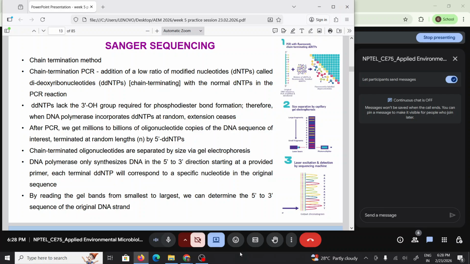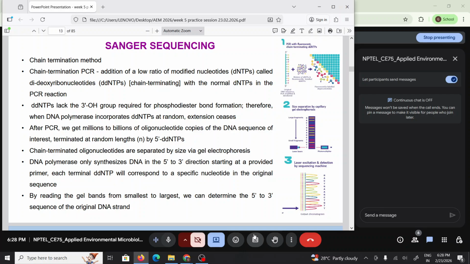It works based on the chain termination method, where we add a lower ratio of normal nucleotides with ddNTPs in the reaction mixture. What happens is, because the ddNTPs lack the 3 prime OH group, or the third carbon OH group, the further formation of phosphodiester bond at this point is stopped.